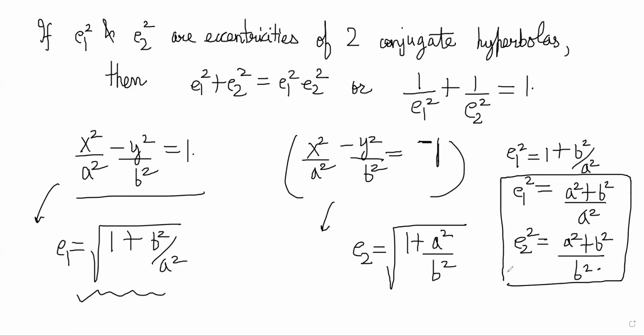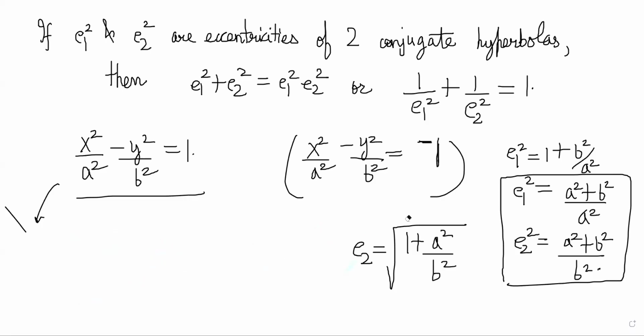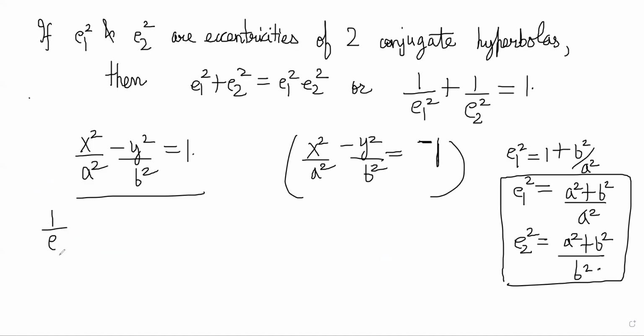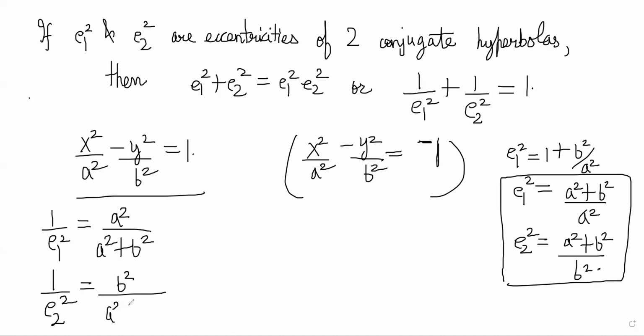And now from these two, it is obvious that if I do 1 by E1 square plus 1 by E2 square, what will I get? 1 by E1 square is equal to a square by (a square plus b square), and 1 by E2 square is equal to b square by (a square plus b square). And it is clear that 1 by E1 square plus 1 by E2 square is equal to 1.